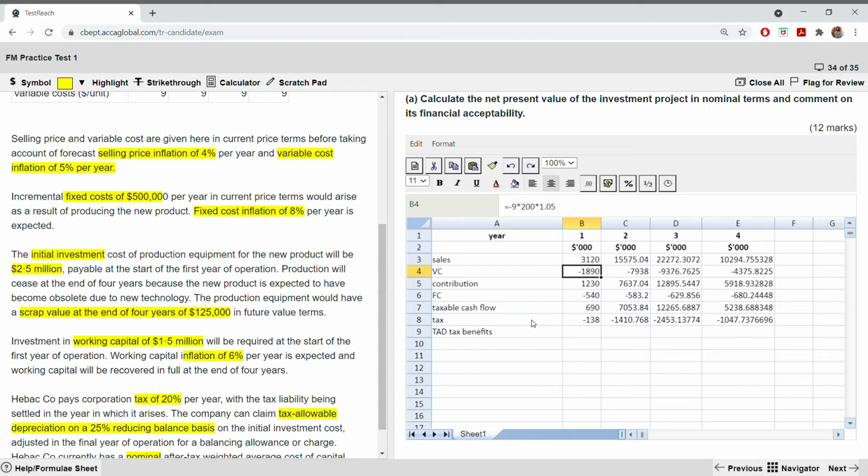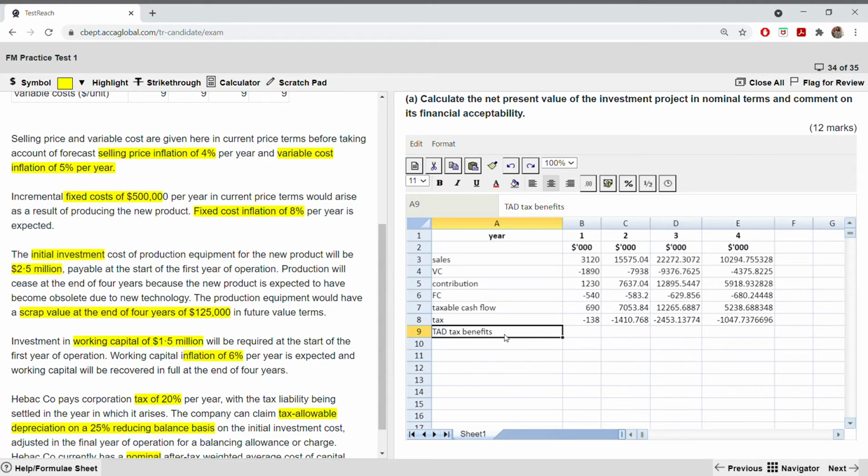Later I will show you the working. You can do the working or you can do it like this. So for tax allowable depreciation, working is there, so we'll leave that line for now. Wherever working is required, just leave the line and go to the next item.